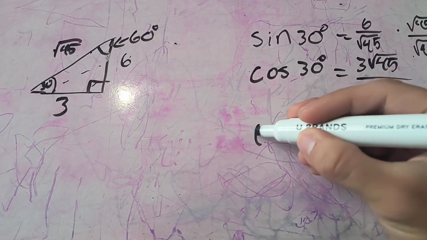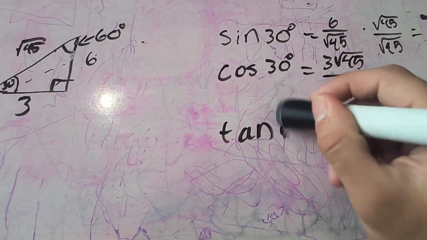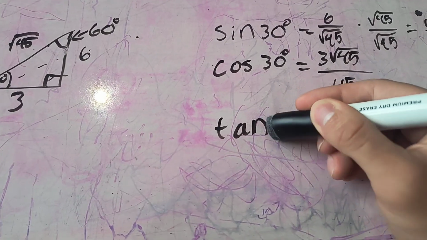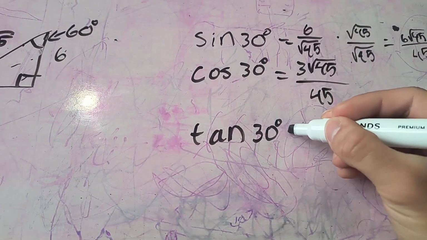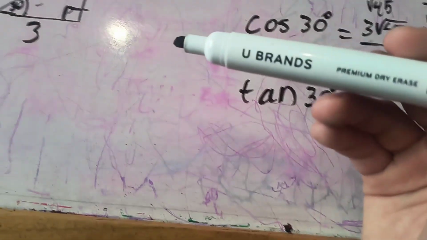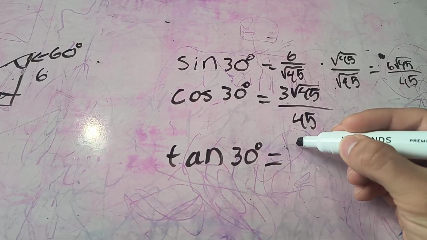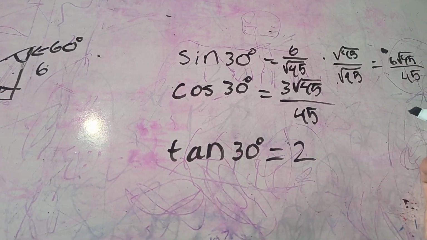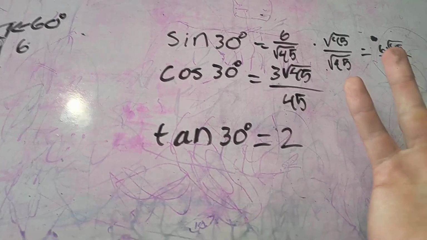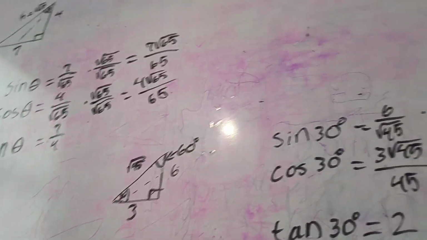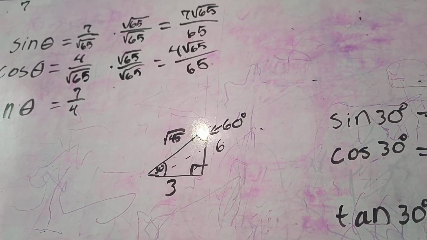So the tangent of this 30-degree angle is equal to opposite over adjacent, 6 over 3, which is just 2 over 1, which is 2. There we go. And yeah, so that's how you find the trigonometric functions. Good job, guys. Stay in school.